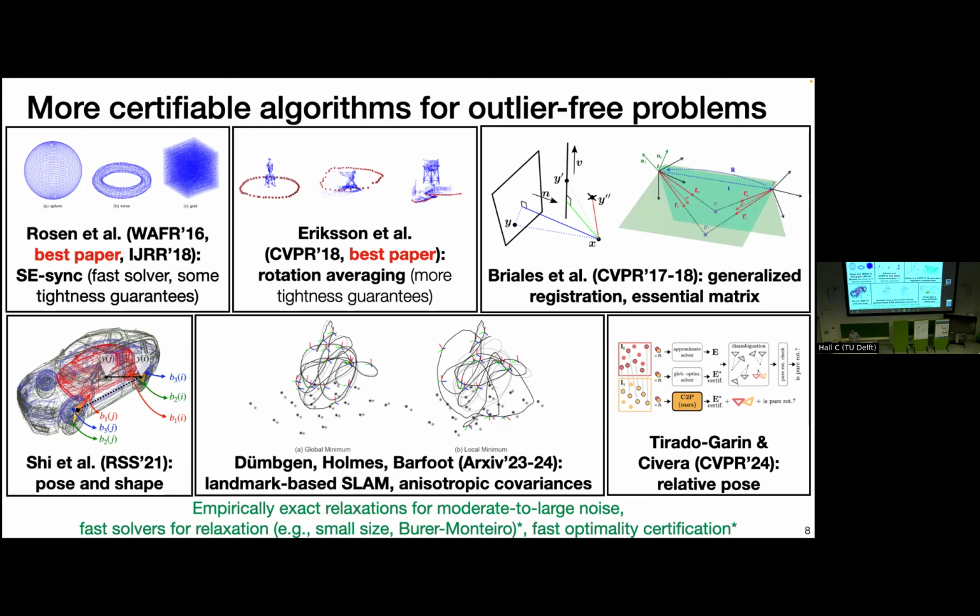There were many follow-ups, both in robotics and computer vision. For example, in computer vision, people studied rotation averaging, showing some performance guarantees. Same tools, exactly the same tools. Briales, back in 2017, was able to generalize these to registration problems and essential matrix computation. We did some extension to pose and shape estimation.